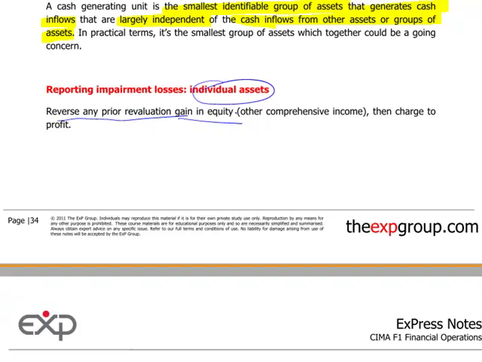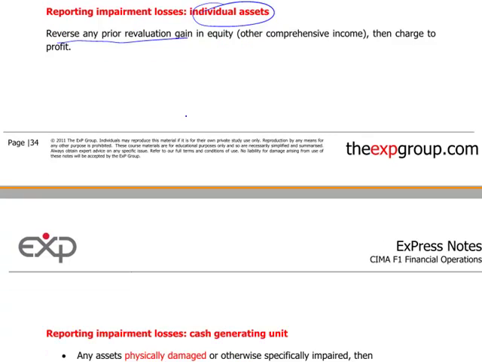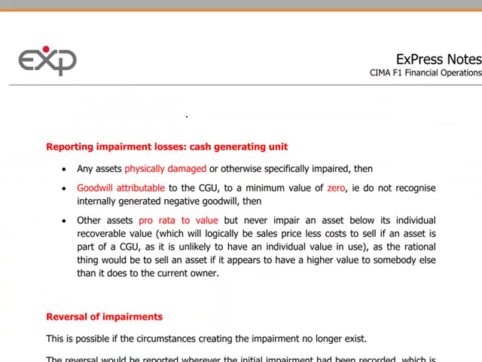And if I have any excess, so my impairment loss is higher than the revaluation gain, that excess will go into the P&L, the statement of comprehensive income. So it's only then the difference goes there. If there was no revaluation prior to the impairment test and the impairment loss assessment, then you charge it all to P&L, against profits.